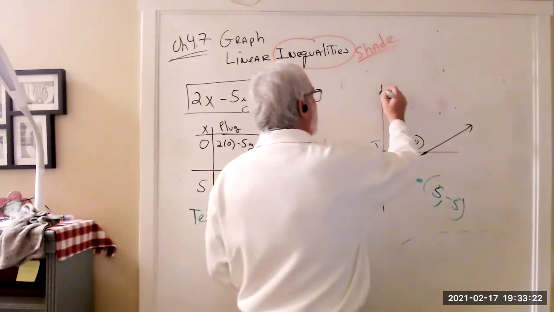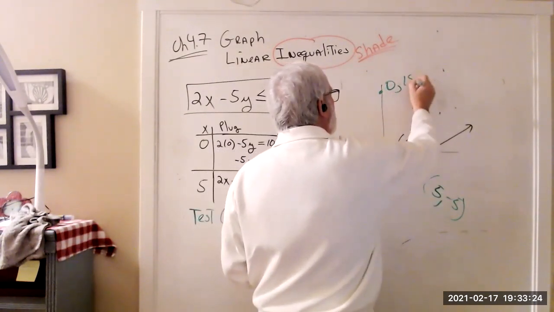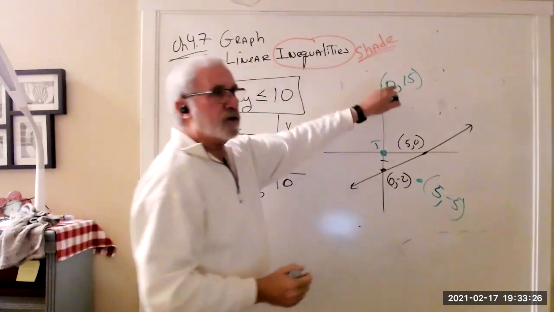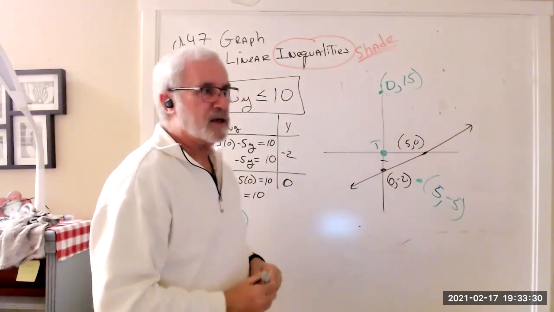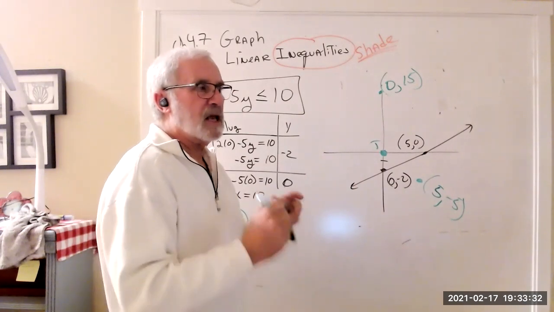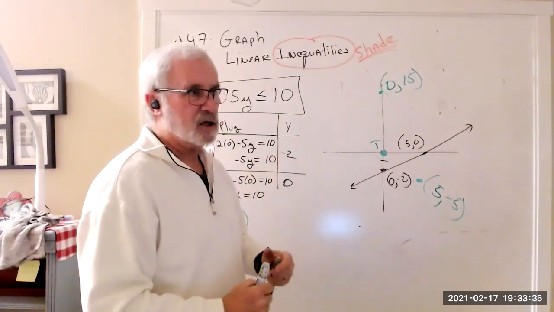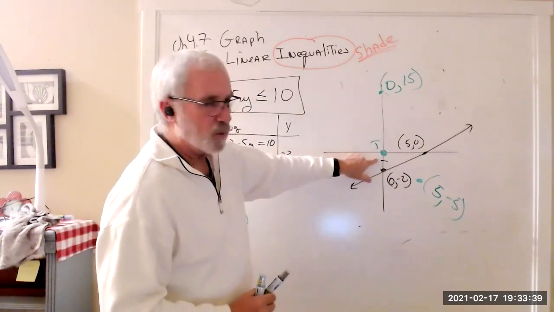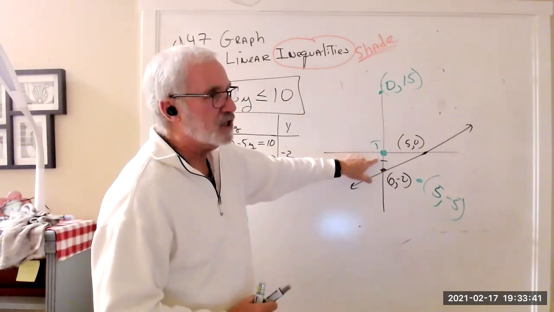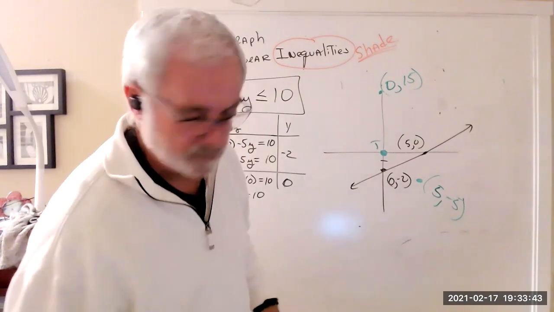If I want to pick 0, 15, I can use it. Any point off the line is a legitimate test point. But keep in mind that you're lazy. You want to do the least amount of work necessary. So 0, 0 is the easiest to use.